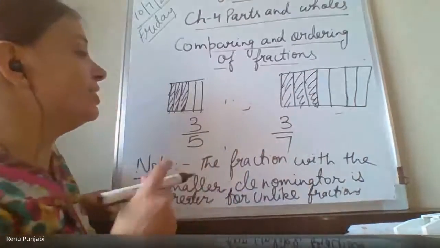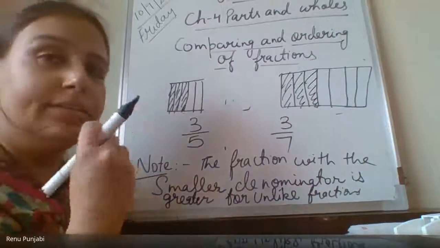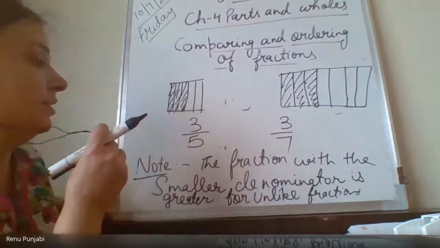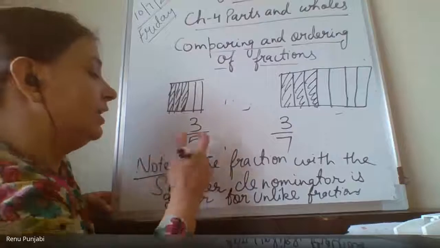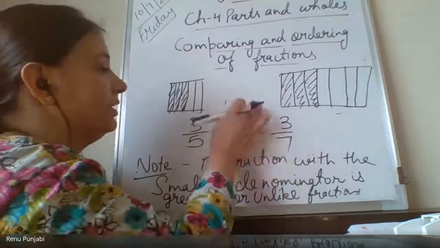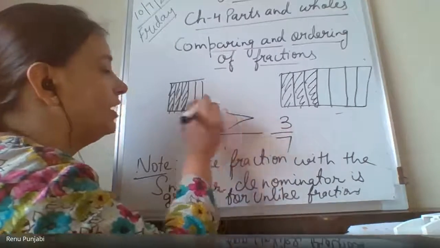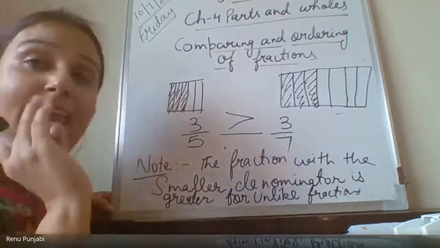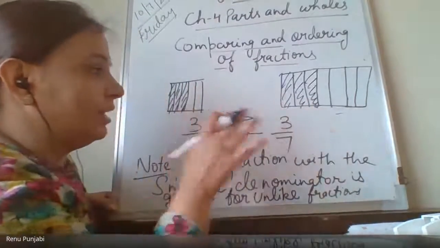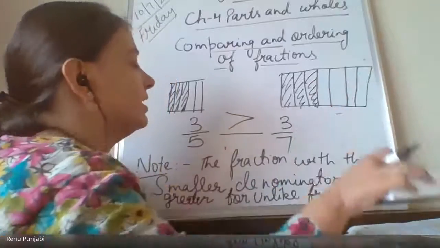So which is the bigger share? Now tell me, in which is the share bigger, in 3 upon 5 or 3 upon 7? 3 upon 5. Yes, we will get the bigger share of the chocolate because here you have divided the same chocolate into only 5 parts, and here the same chocolate into 7 equal parts.